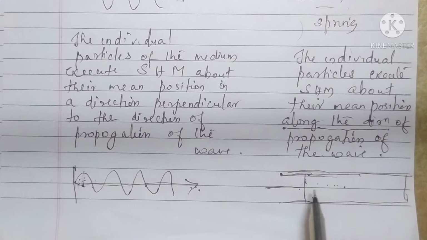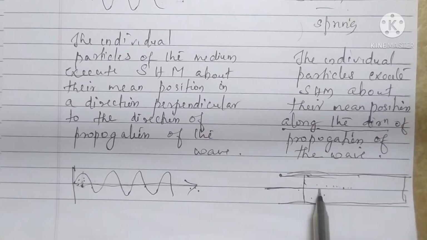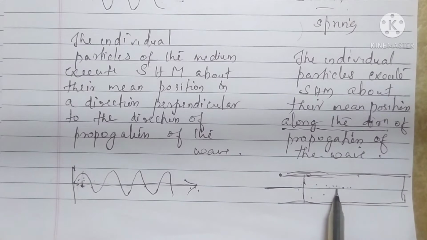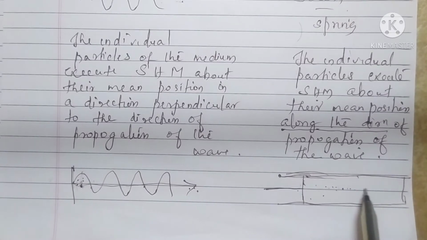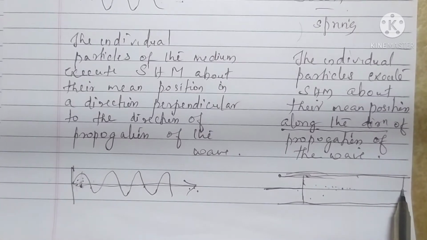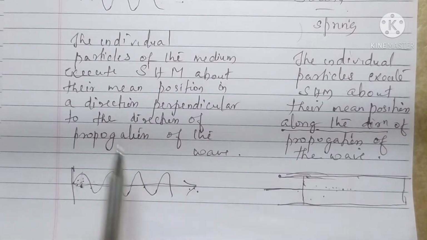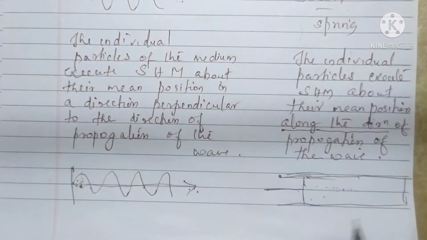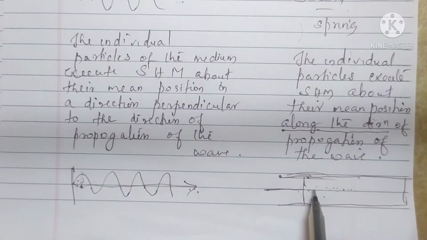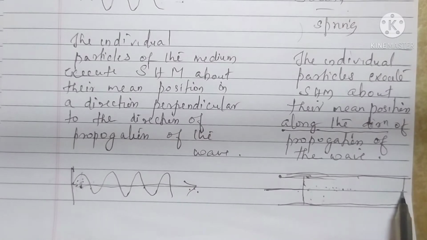And after being compressed, this layer moves towards the right and compresses the next layer and so on. So this compression will reach the other end. Clear? That means I am pushing this piston towards the right side. So the air near this area will get compressed. Again, this compression will in turn compress towards the right side, and this will continue till it reaches this end.